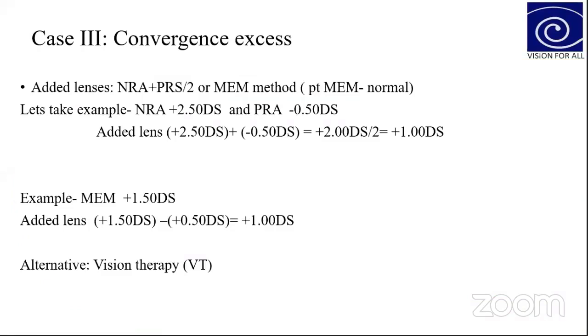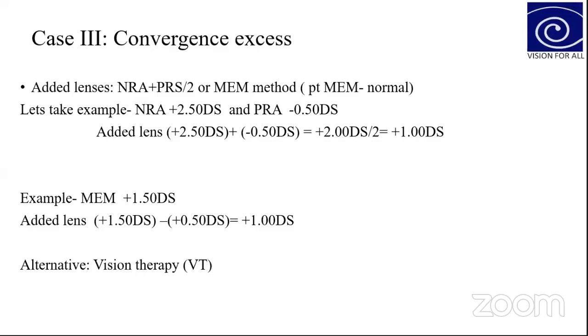Here MEM is plus 1.5 diopter spherical, and subtracting the normal value of plus 0.50, it comes to plus 1 diopter spherical. So an added lens of plus 1 diopter spherical is given to the patient.